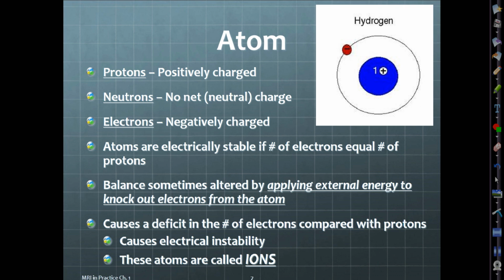So when we knock an electron away, what is the overall charge now of the atom? Positive or negative? What do you think? Positive, right? Because we had one less electron, which was negative, so now the overall charge is positive. So this causes an electrical instability, and now these atoms are called ions. So remember, when you knock out an electron, you cause ionization.